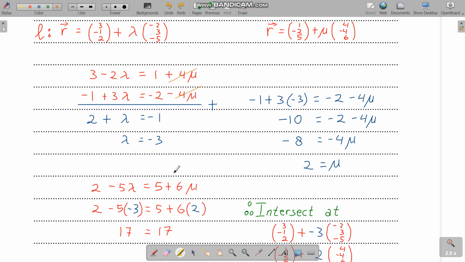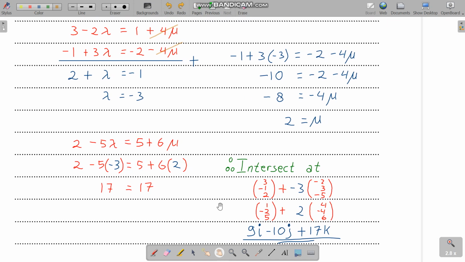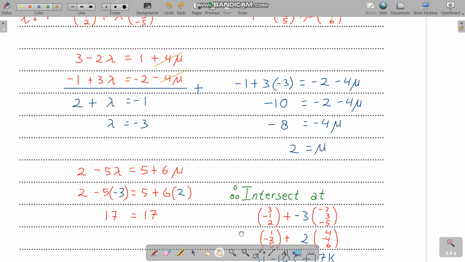So we replace lambda with what we have before, -3, and mu with 2, and we make sure that the equation agrees with the lambda and mu values. Since both sides are the same, this means we have the right values of lambda and mu at the point of intersection.